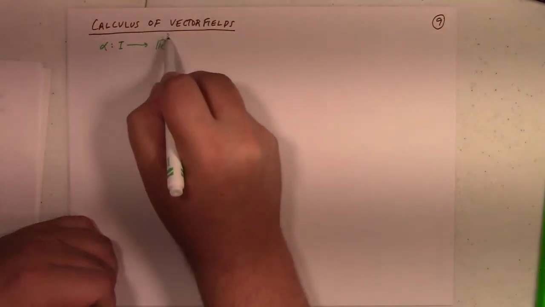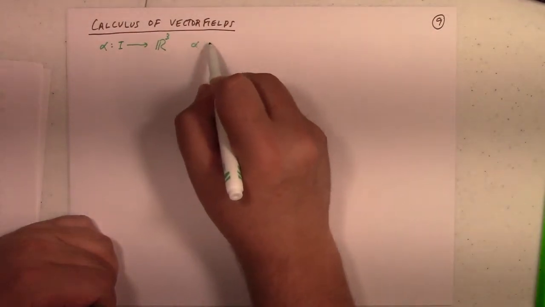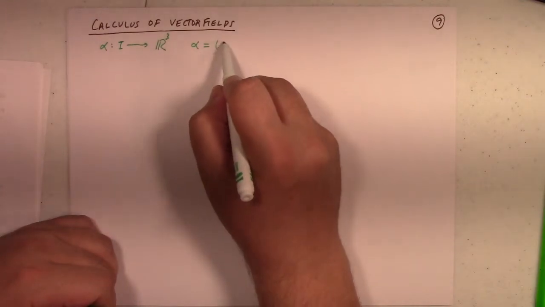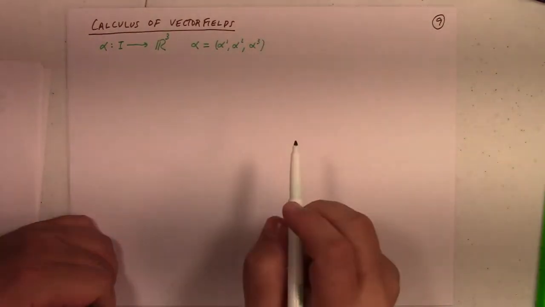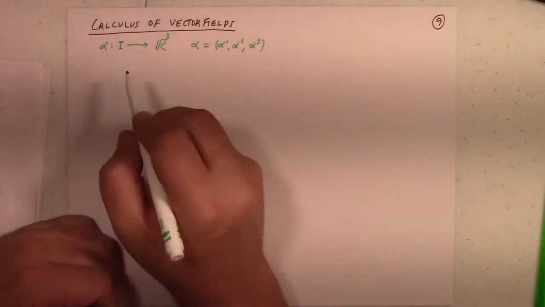First of all, we're thinking about the usual thing, a parametrized smooth curve into R3. Sometimes we'll write the curve in terms of its components, so we could write that as alpha 1, alpha 2, alpha 3, if we want to think about real valued functions. And then we want to talk about a vector field, okay?